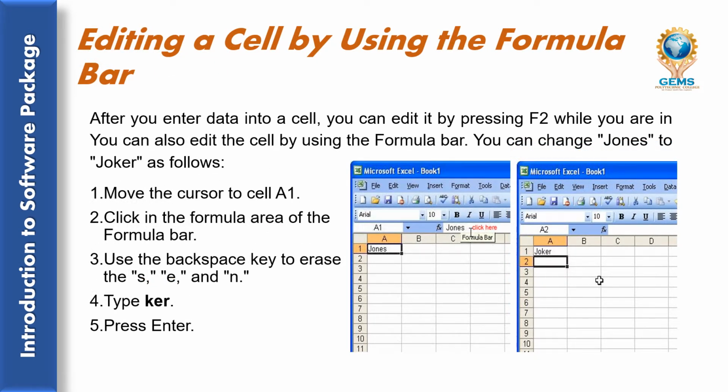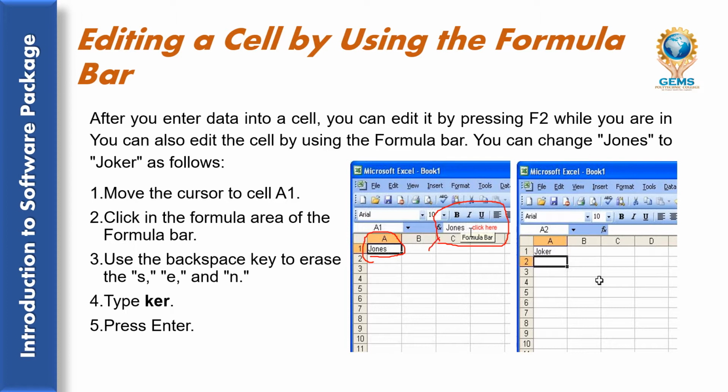Editing a cell by using the formula bar. After data is entered into a cell, you can edit it by pressing F2, or you can also edit it using the formula bar. Move the cursor to cell A1: just click on cell A1 to select it and go to the formula bar, the formula area.